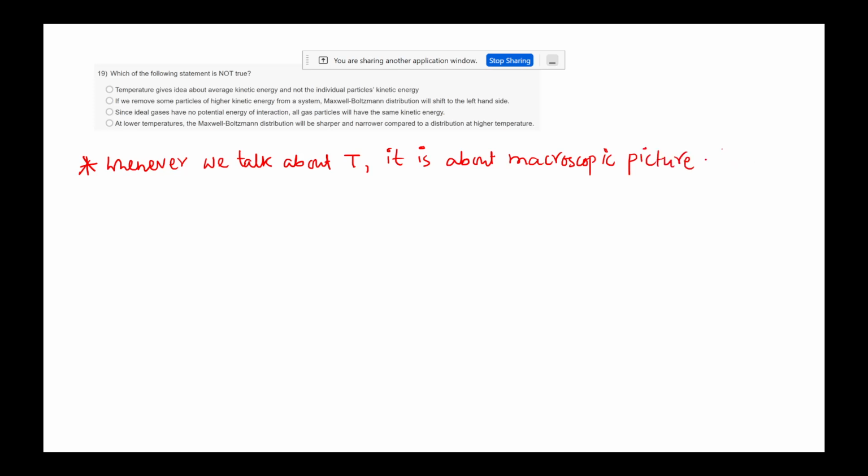So it doesn't talk about a single particle. Okay, so this is right.